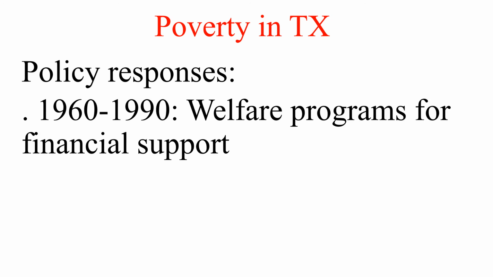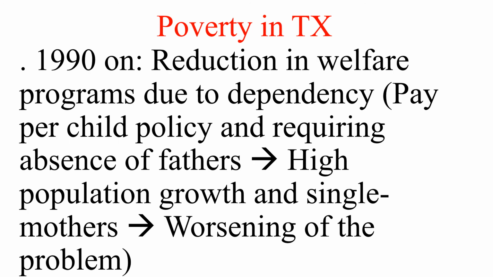So some of the ideas that have been created to address this problem: in the years between 1960 and 1990, welfare programs were considered to be the remedy. A number of programs provided cash support and other support like tax advantages to low-income families in order to support them. But starting from the 1990s, this position is reversed.